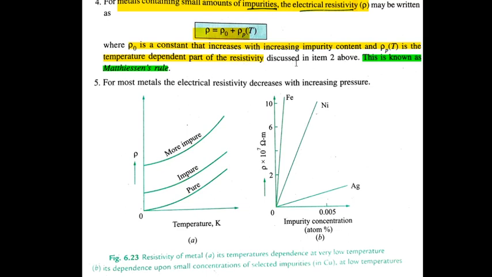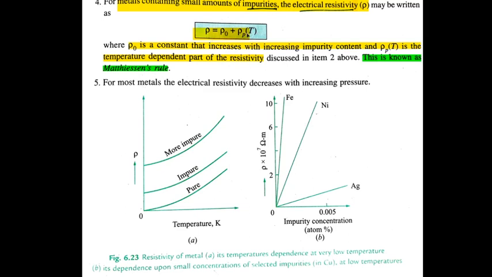Okay, and this is rho equals rho 0 plus rho p as a function of T. Phonon basically arises because of your host ion or atomic oscillations, and this law is referred to as Matthiessen's rule.